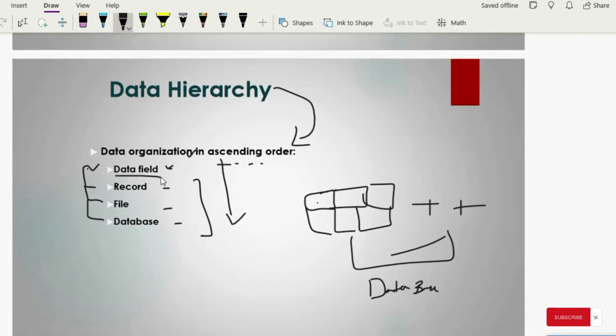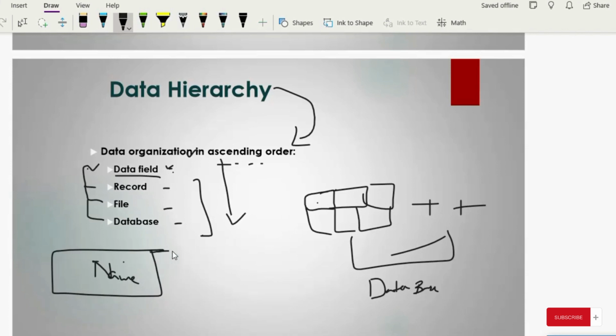It holds information which can describe a person, a thing, or an event. For example, if I talk about a payroll file of an employee in an organization, a data field would be the employee name. The name is a box, and the name of the employee is a data field.